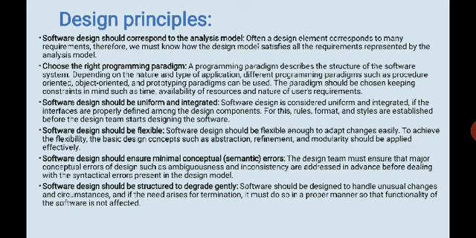Software design should be uniform and integrated. See, software design is considered uniform and integrated if the interfaces are properly defined among the design components. For example, rules, formats, and sheets. All these provide uniformity, right? And they help to integrate. So all these have to be established before the design team starts the designing of the software, right?